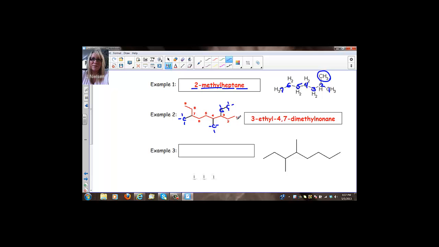So if I number from left to right, I get 1, 2, 3, 4, 5, 6, 7, 8, 9. So numbering from right to left gives the branched groups a lower number.